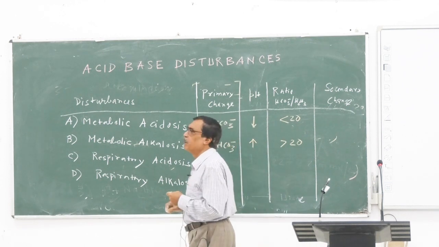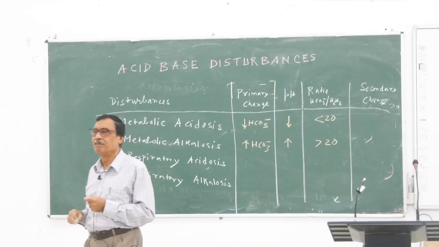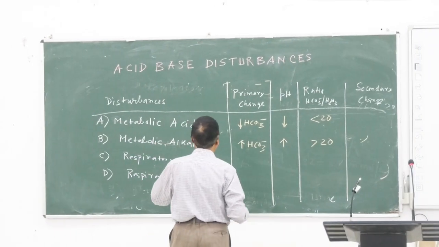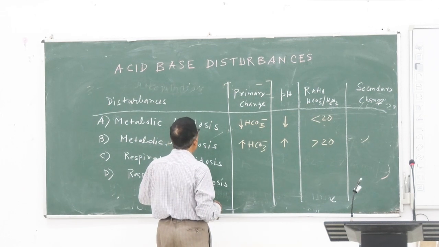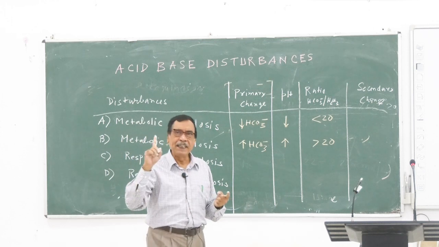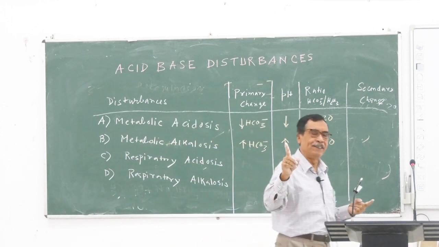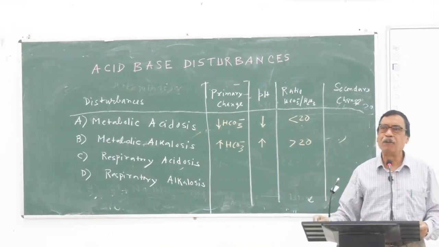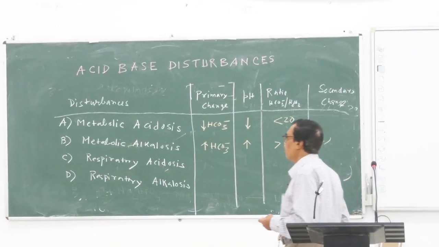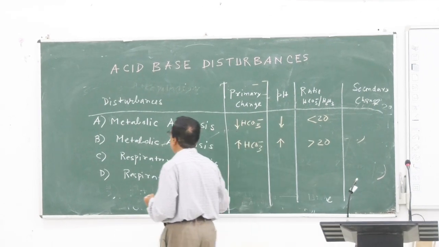রেশিও যদি বেড়ে যায়, পিএইচ বেড়ে যাবে। This is metabolic acidosis or metabolic alkalosis. Just you can calculate. এখানে respiratory acidosis, what will be the change? Change in the PCO2. Change in the PCO2 will cause respiratory disturbance, and change in the bicarbonate will cause metabolic disturbance. Respiratory acidosis, what will happen?